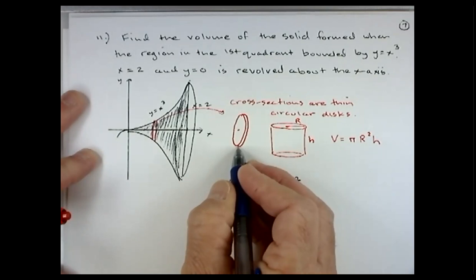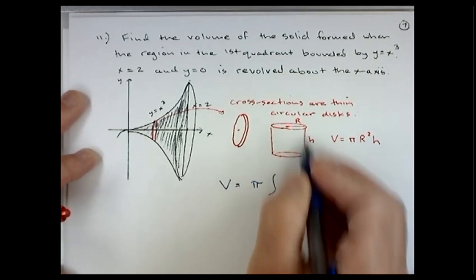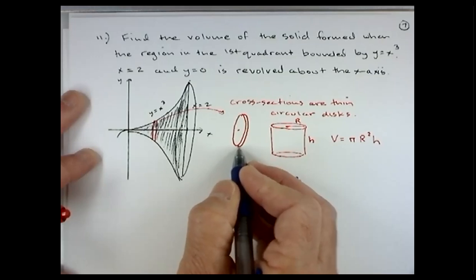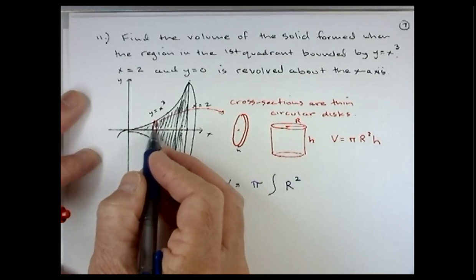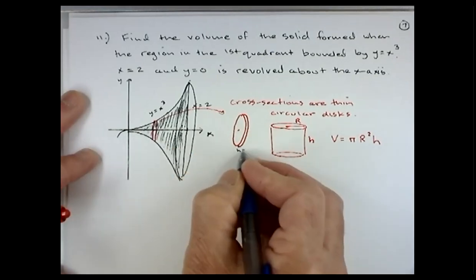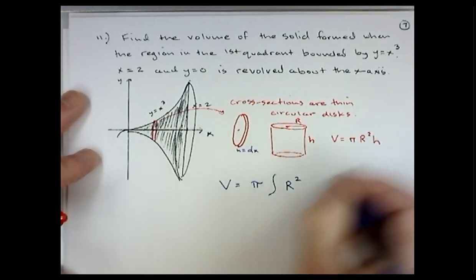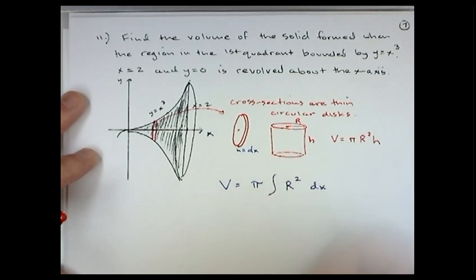Now think about your h. The height of that cylinder, this height right here, is infinitely thin, right, that's our height. But back to your picture, that's a little tiny increment of x. And just like with rectangles, we're going to call that dx. So our height's going to turn into dx in this case.